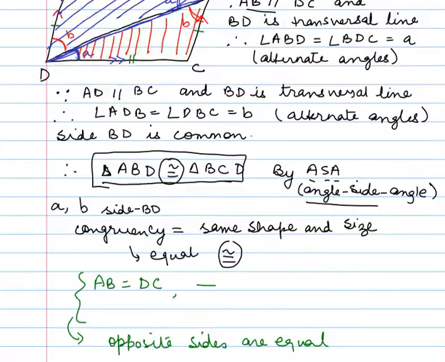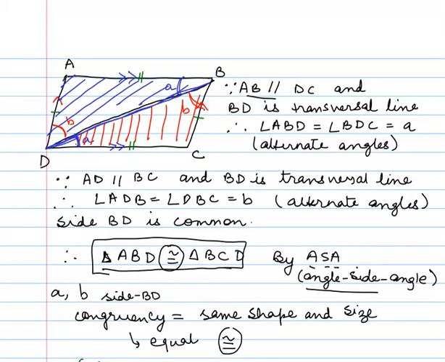Now also opposite angles are equal, opposite sides are equal. Now we are talking about the parallelogram. The opposite sides are equal, although we are talking about the sides being equal in the triangles. So in a parallelogram also we can say that opposite sides are equal.